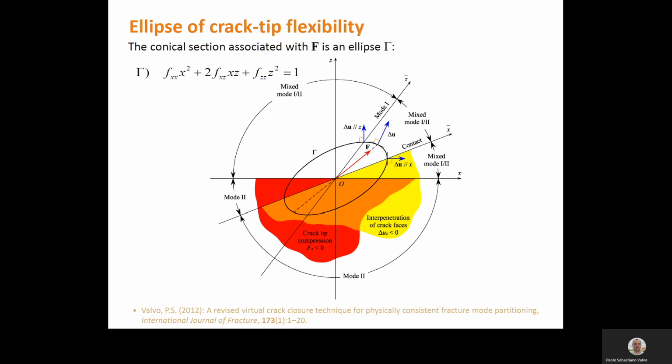On the other hand, if we consider forces F having the tip lying on the half plane below the horizontal x-axis, which is the red area, these correspond to compression at the crack tip.